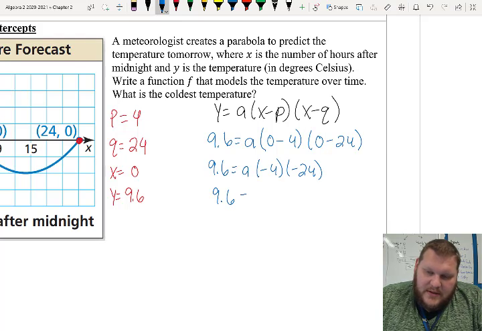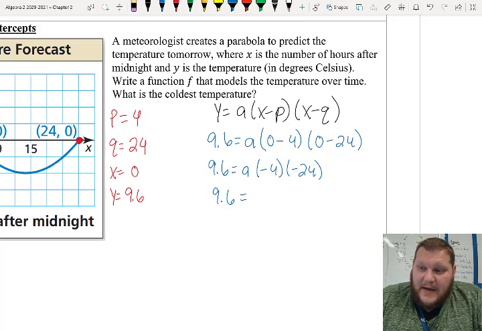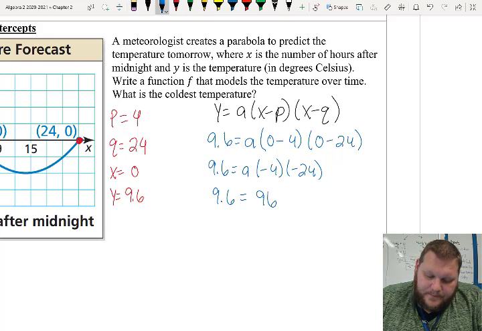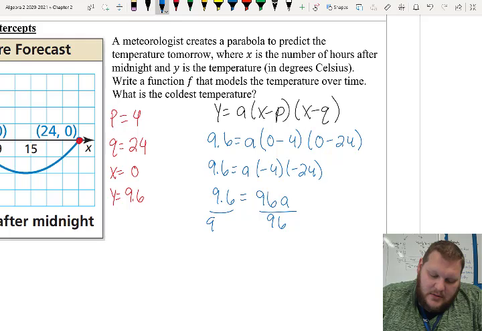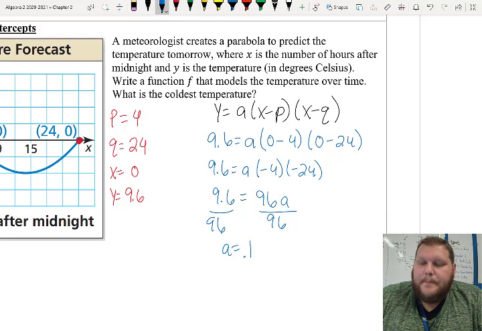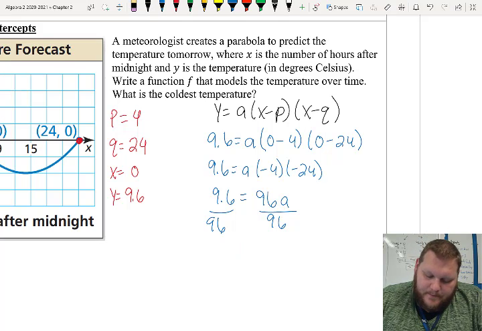Negative 4 times negative 24 is positive 96, so 9.6 equals 96a. Divide both sides by 96, and we get a equals 0.1.